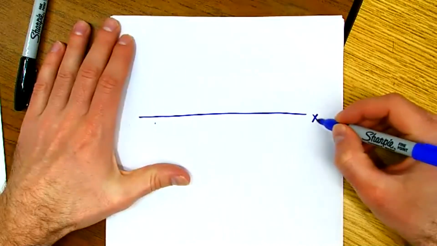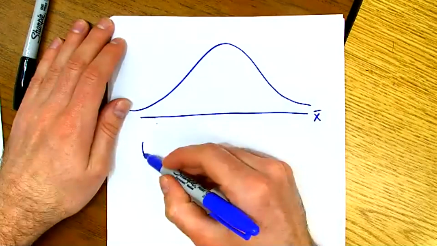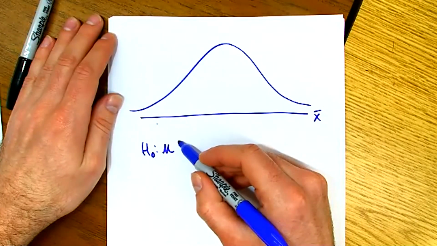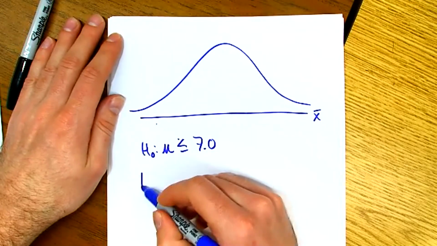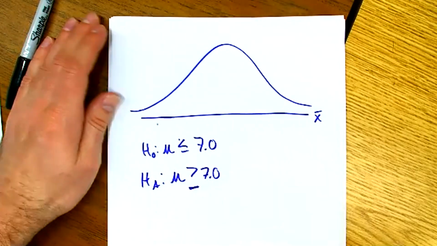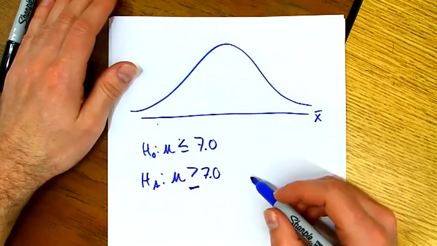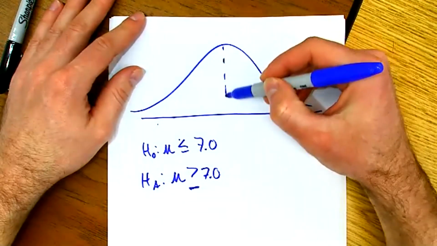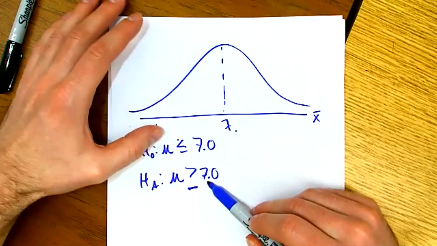So let's say instead we had this as our null and alternative, right? I've got a greater than sign in my alternative hypothesis, so here I've got a right-tailed test. Only seeing sample means above 7% would go against the null.